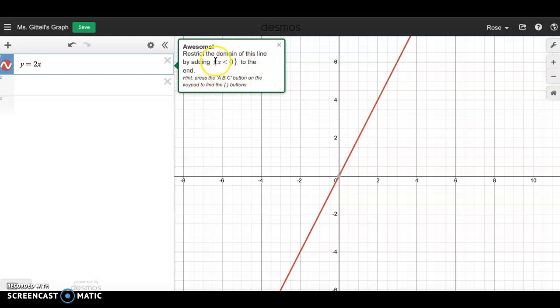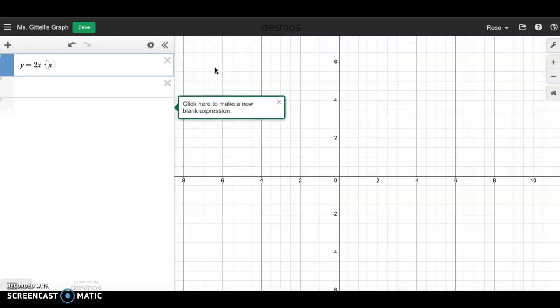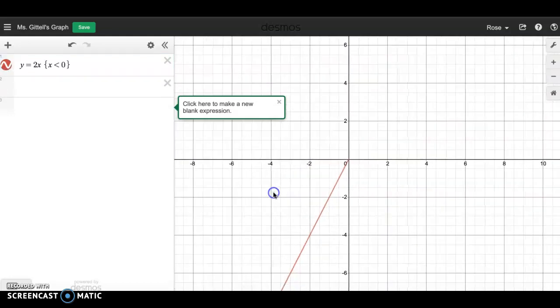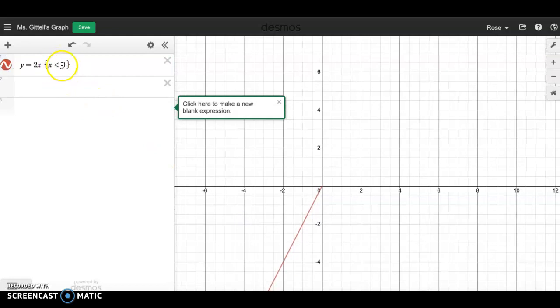So we're going to be using these weird bracket things, and bracket x is less than 0. And you will have to use these domain restrictions on your project, so this is good practice for that.